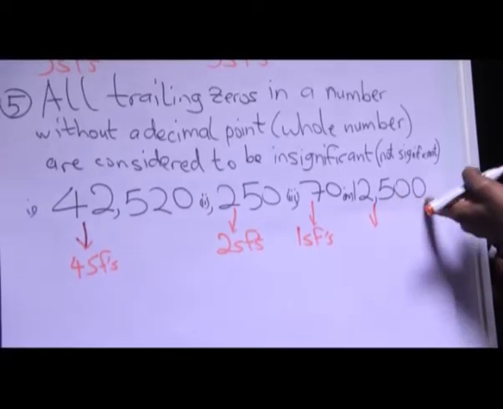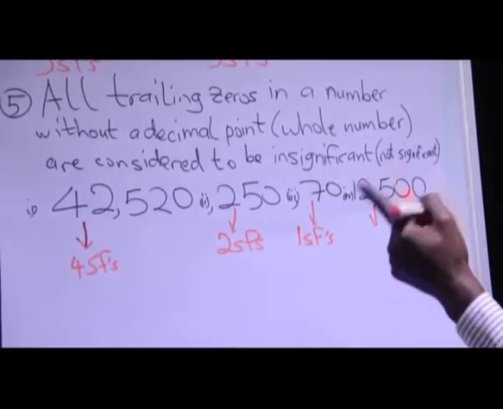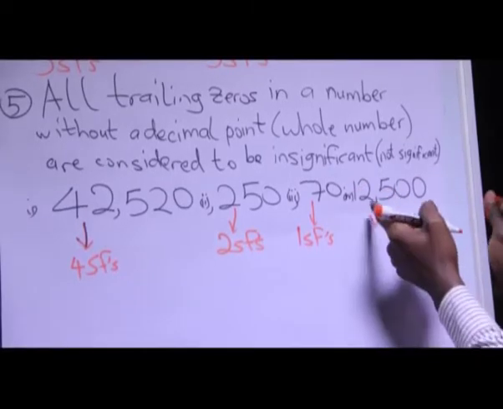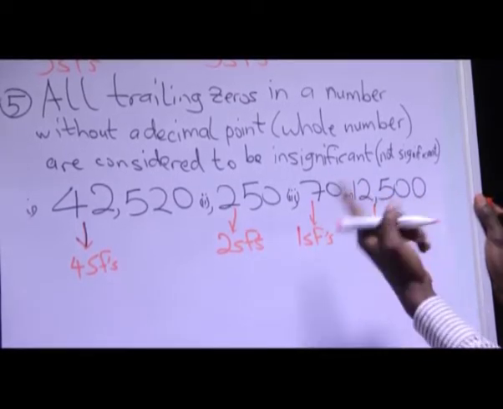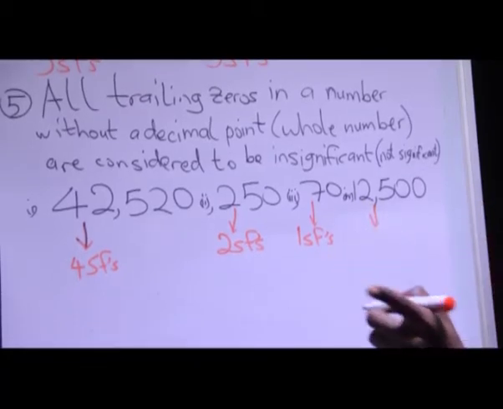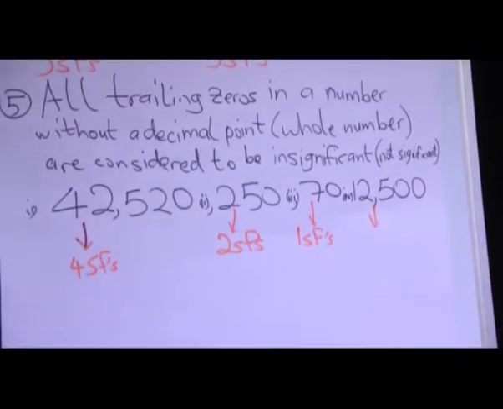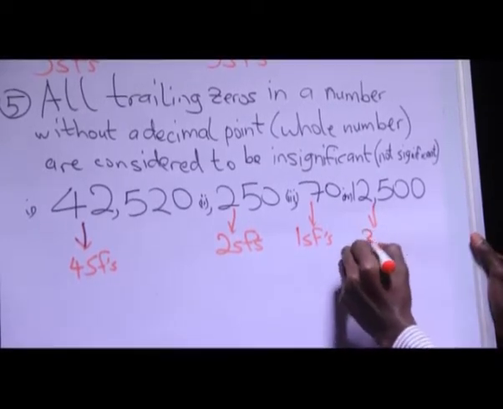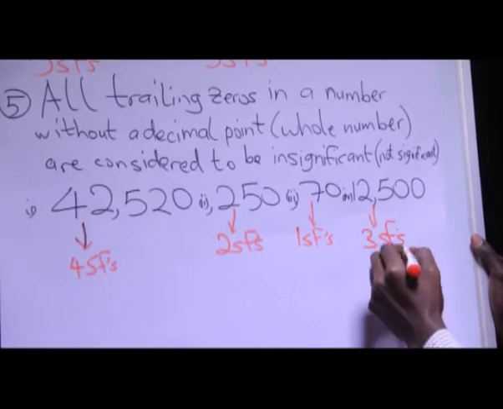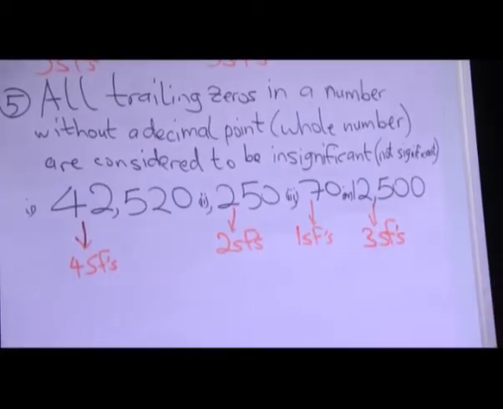These 2 zeros, since they are at the end, are not significant. Meaning I only have 1, 2, 5 as my significant numbers, based on condition 1, because condition 1 was telling us that all non-zero digits are significant. So here I have 3 significant figures.